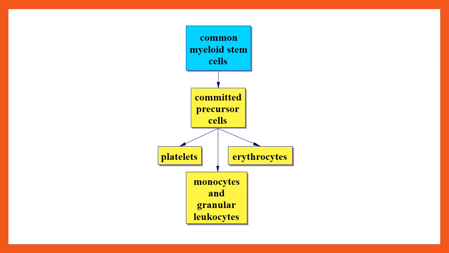The colony forming units are precursor cells that will eventually turn into the type of cell that we need in circulation. This process doesn't happen by itself. For the transformation to occur, we need colony stimulating factors, which are chemical substances that affect the bone marrow to produce certain types of cells.